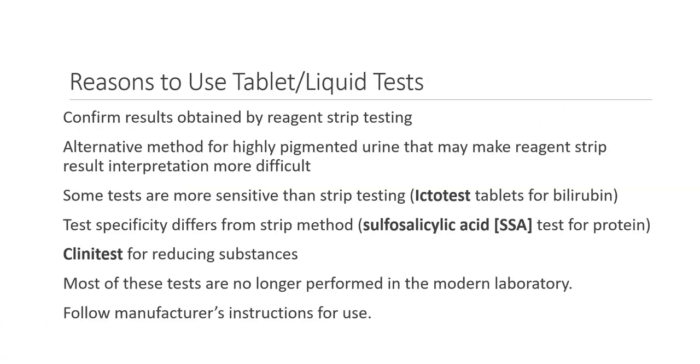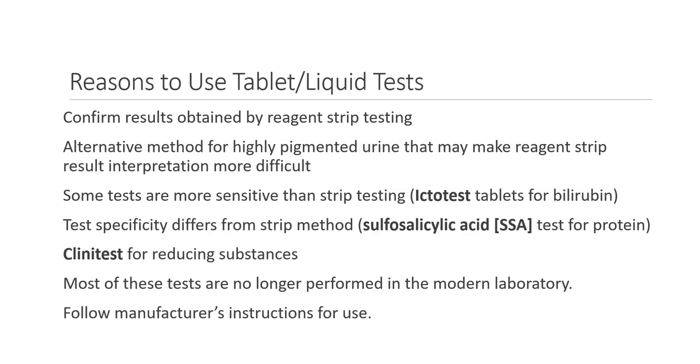So what are some of the reasons that we use tablet or liquid tests? In the past, these were used to confirm results attained by reagent strip testing. For example, if you had a positive bilirubin, then we would do the Ictotest. Or if you had a positive protein, we would do the sulfosalicylic acid test.